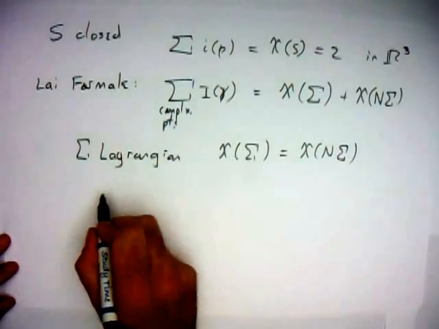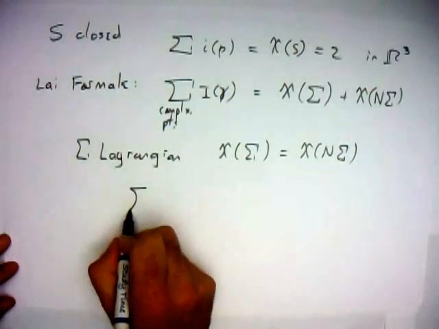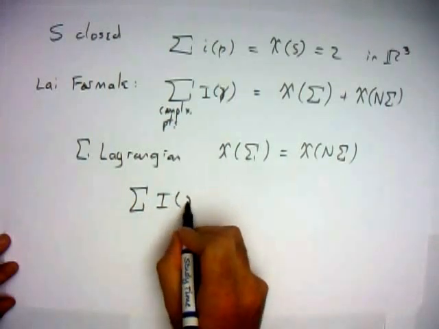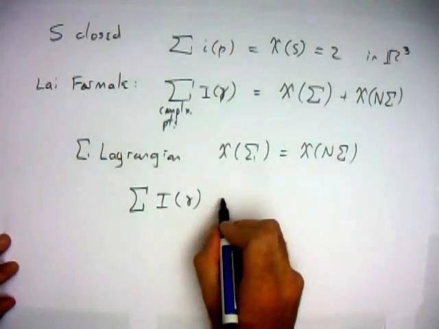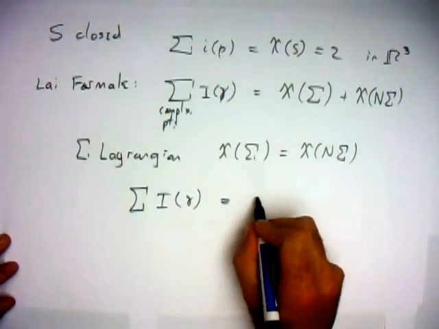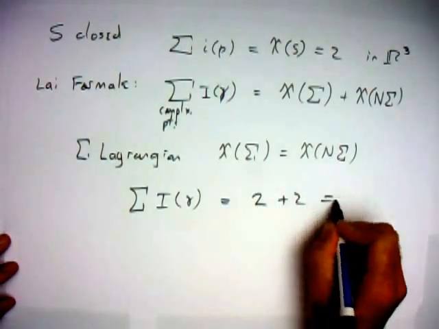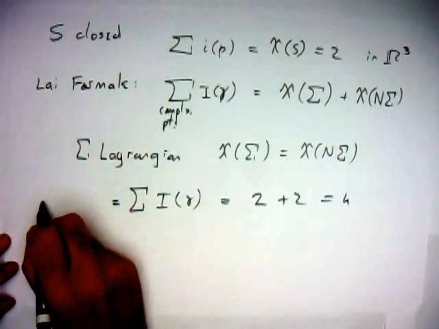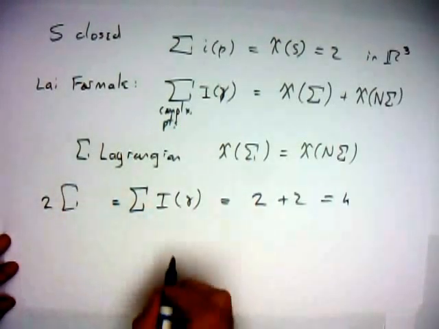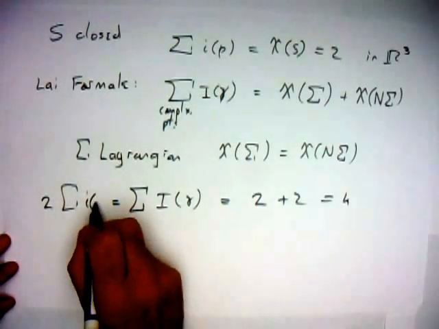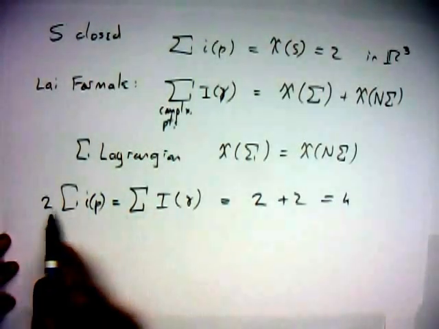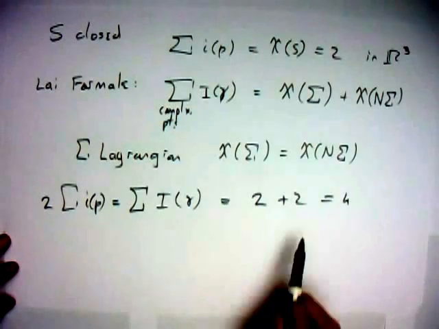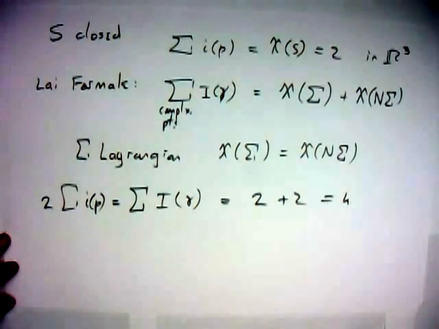So if you look at the sum over complex points in the case that we're looking at, where your sigma is a sphere, what you're going to get is 2 plus 2, which is 4, which is exactly twice the sum of the umbilic indices of the associated surface. So here we just see it all fits together. This factor of 2 comes in because of this extra normal bundle factor that arises in Lie's formula.